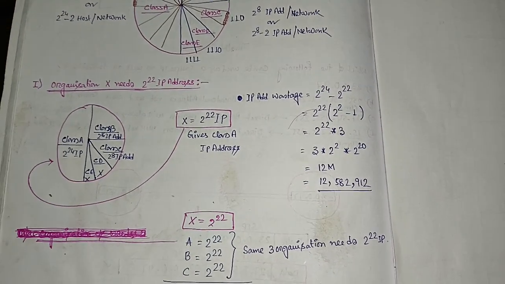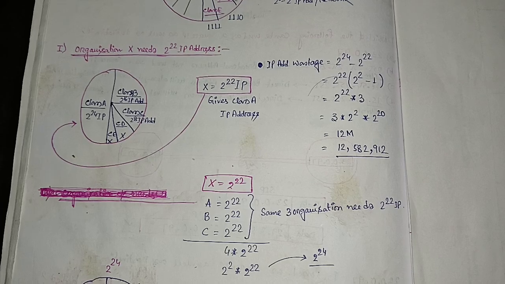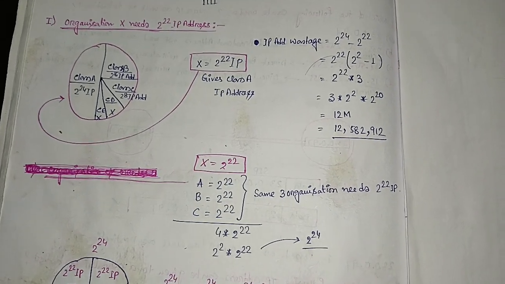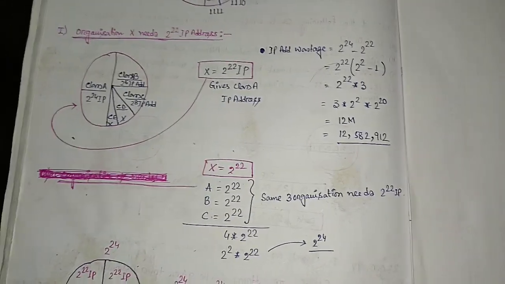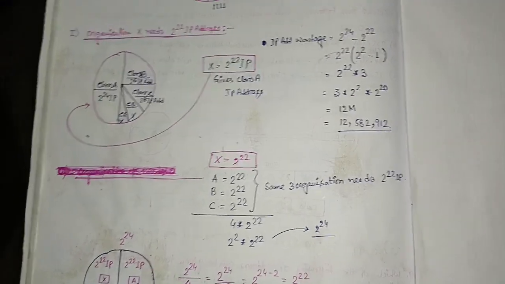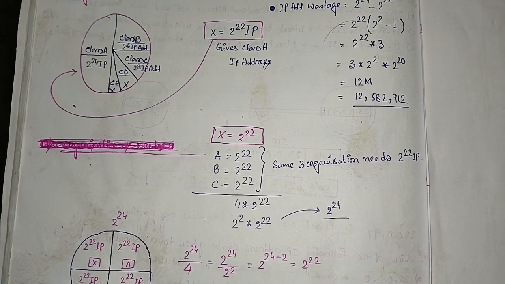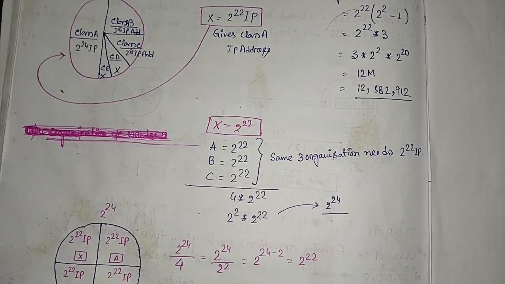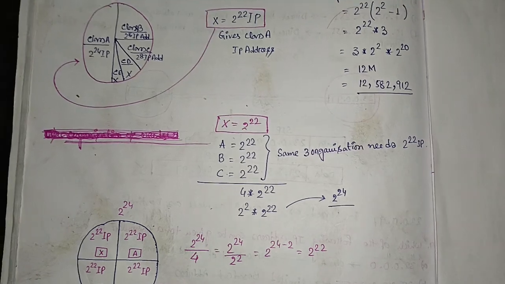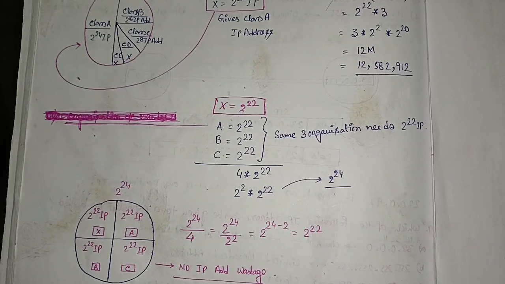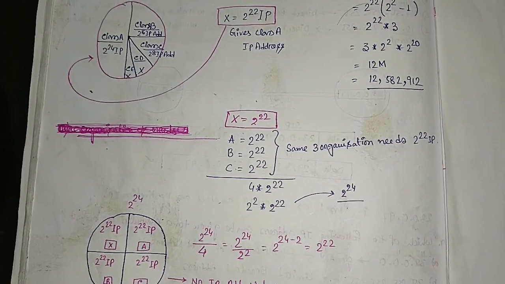So we have various IP addresses wasted. If organization X needs 2 to the power 22, and A, B, C each need 2 to the power 22, then 4 times 2 to the power 22 is equal to 2 to the power 24. So we divide this into 4 networks.